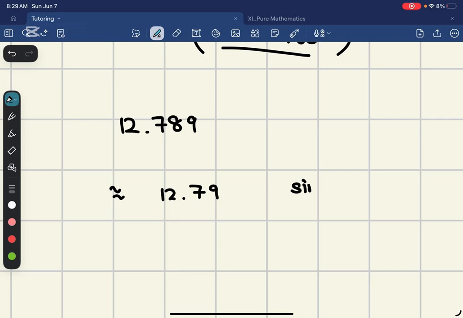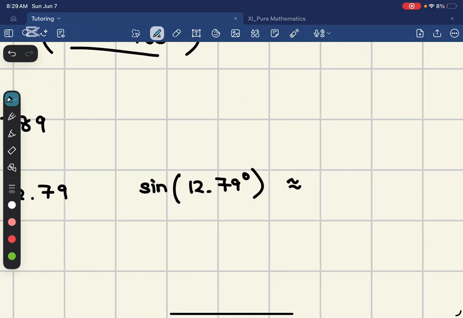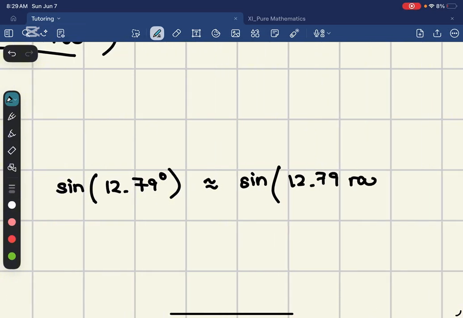So sine 12.79 degrees should approximately be equal to sine 12.79 radians is what we are seeing.